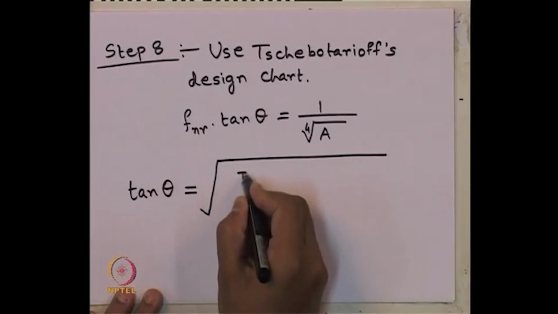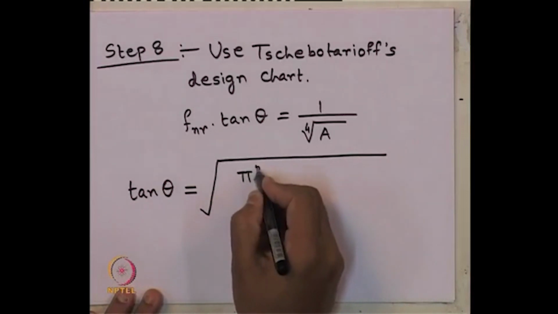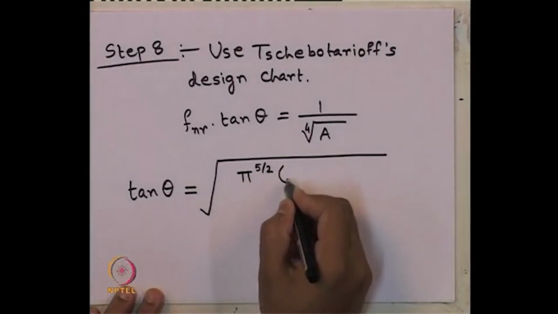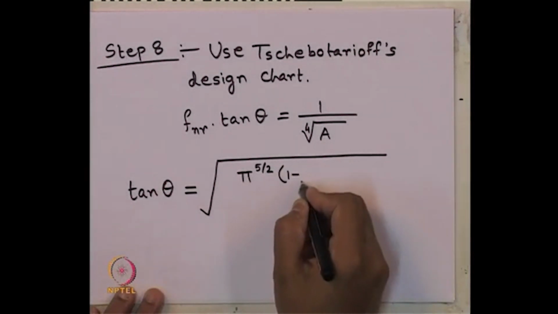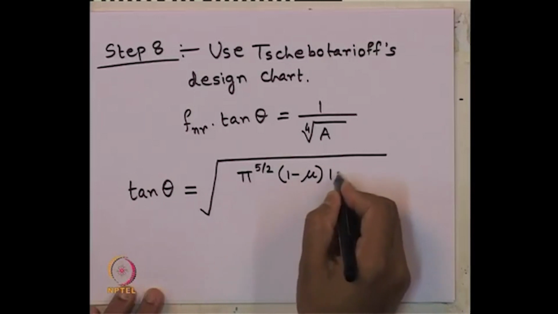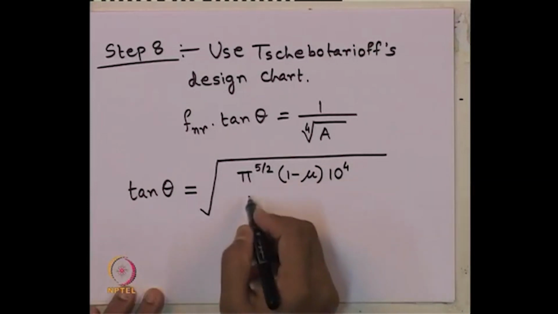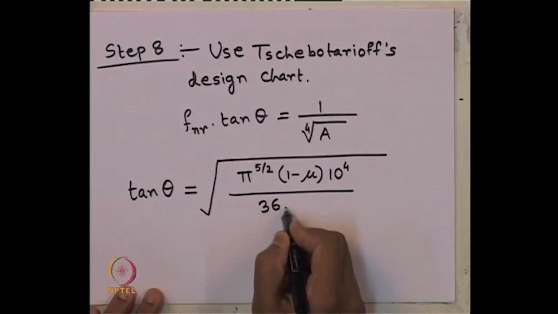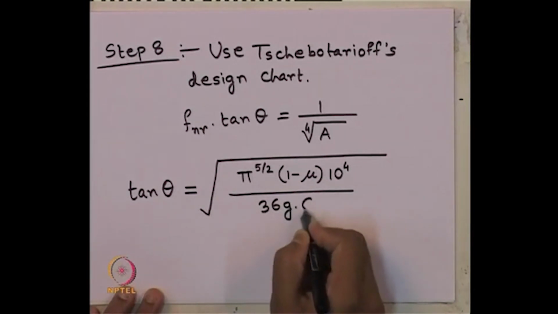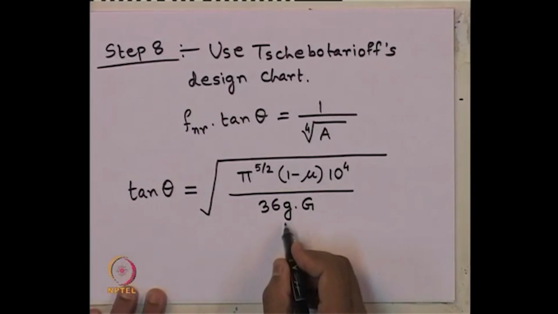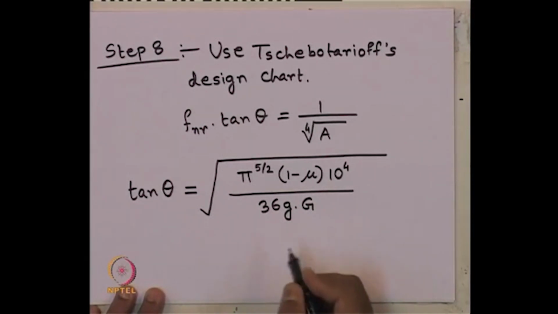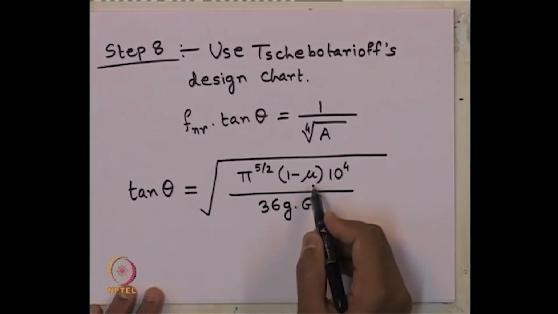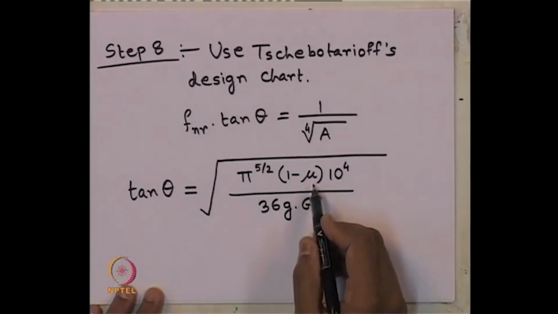It will be like this: pi to the power 5 by 2, 1 minus mu, 10 to the power 4, divided by 36 small g times capital G. Small g is acceleration due to gravity, capital G is shear modulus of the soil, mu is Poisson's ratio of the soil.